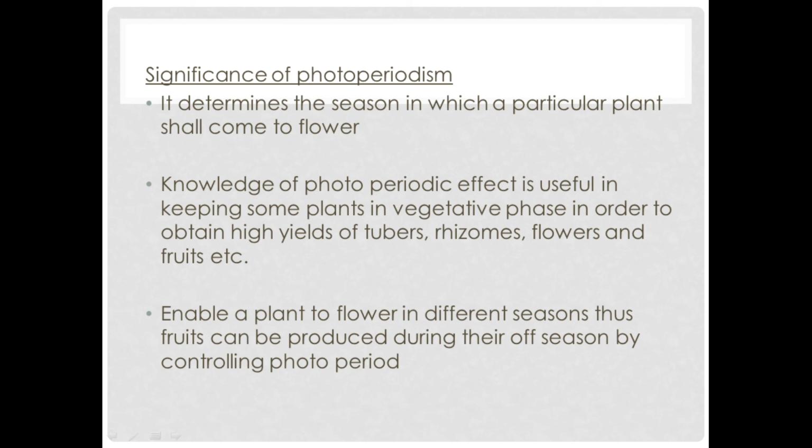Or if they are plants that require short periods of light and it is winter time, a farmer can take advantage of photoperiodism and expose these plants to longer periods of light in order to induce flowering and yield fruits during the period that these plants don't usually do.